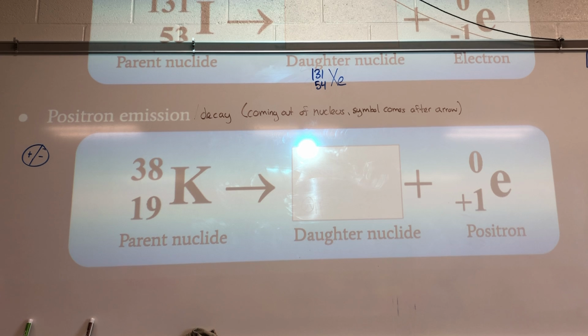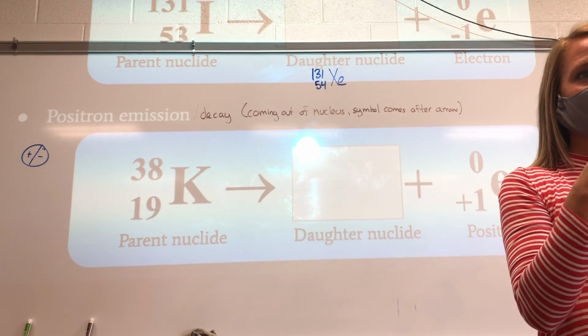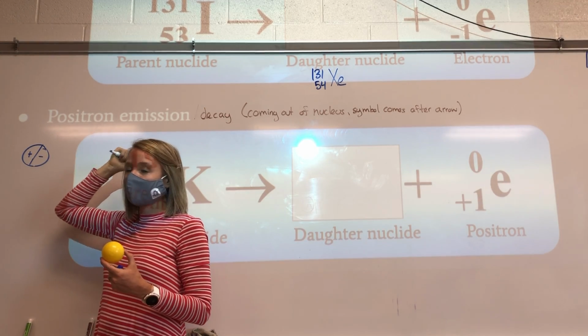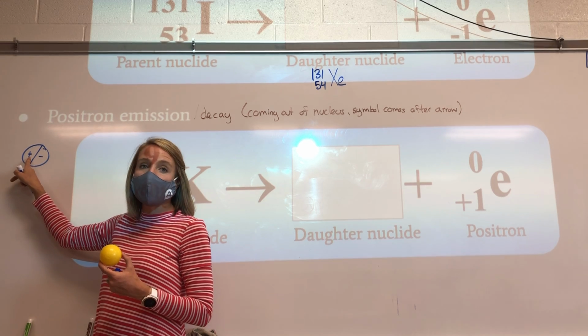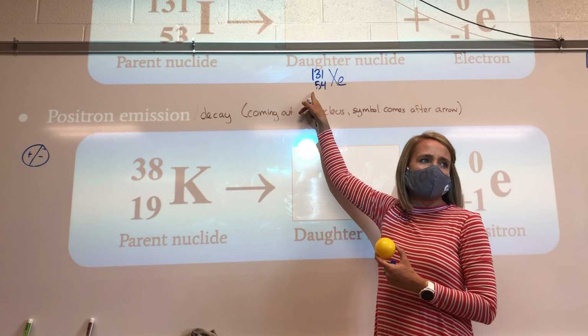That's why they're neutral. Once again, there's more to it, but that's the basic idea. What happens in a beta decay is that a neutron, one of these yellow ones inside the nucleus, splits. The electron comes out, and the proton stays behind, which is why it goes up in number.